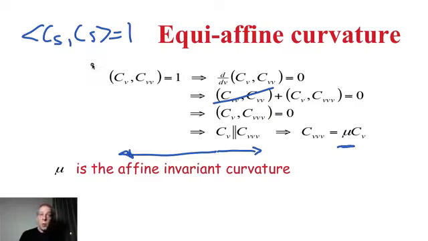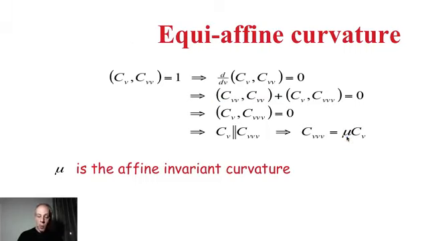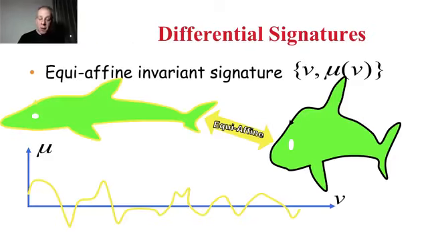The same way that we use the magnitude of the second derivative according to Euclidean arc length as the Euclidean curvature, the ratio between these two parallel vectors is the affine curvature. And it's not hard to show that this mu, this affine curvature, is affine invariant. What I mean is very simple.